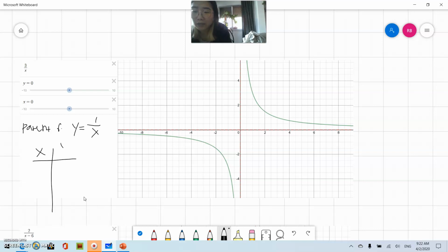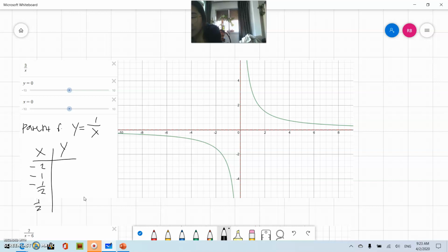So we know that we cannot put 0 in for x, so we are going to choose 6 points to show you some important points. So if you put -2, it will be just 1 over -2.